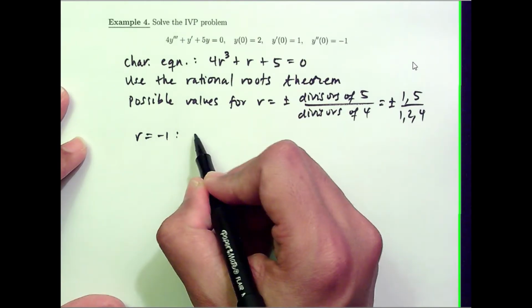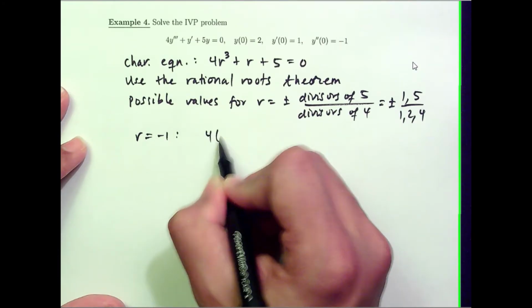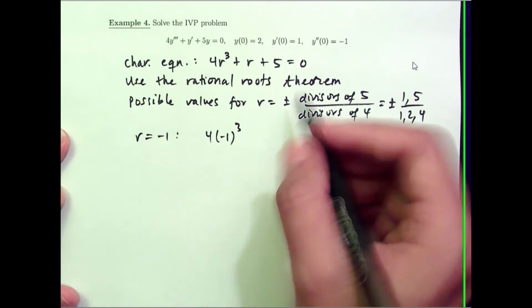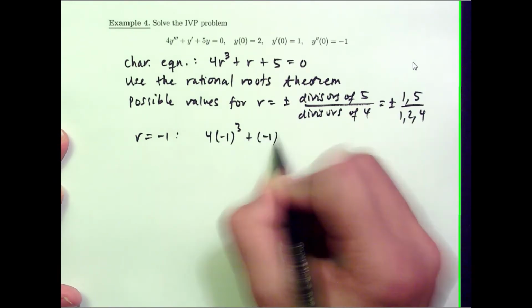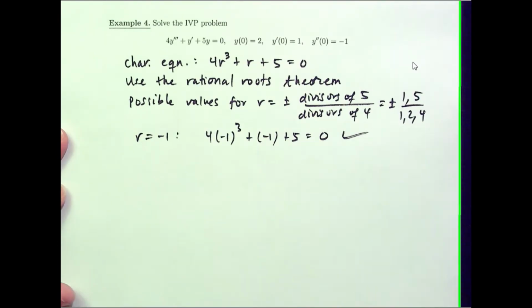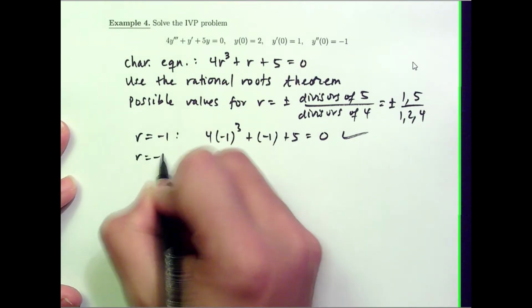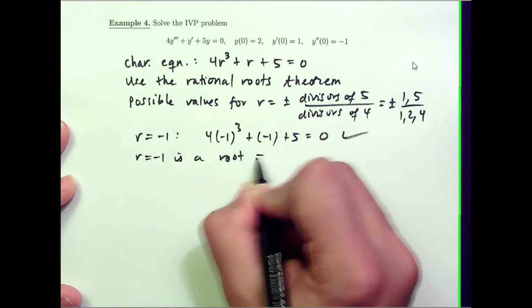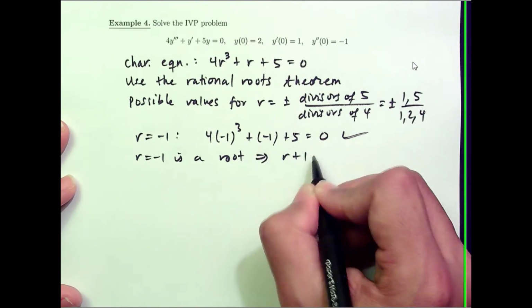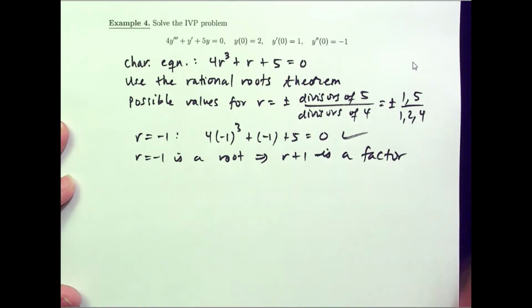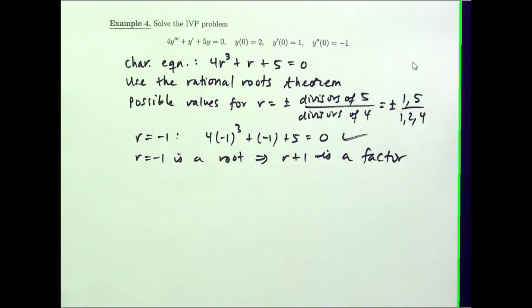So this works because 4 times negative 1 to the third plus negative 1 plus 5 is indeed 0. That one works, so that means that is a root, which means in turn that r plus 1 is a factor. It is a factor of the polynomial, so it appears in the factorization.